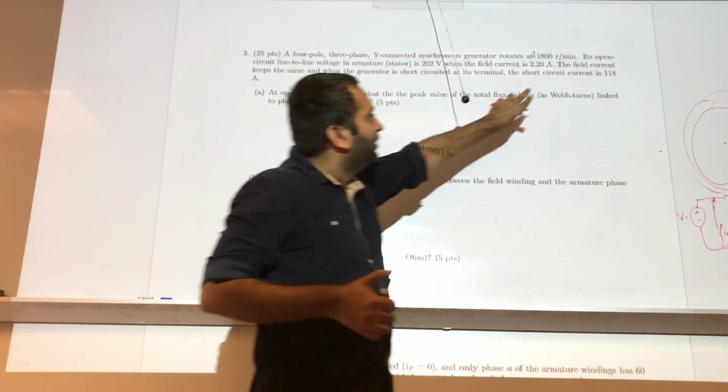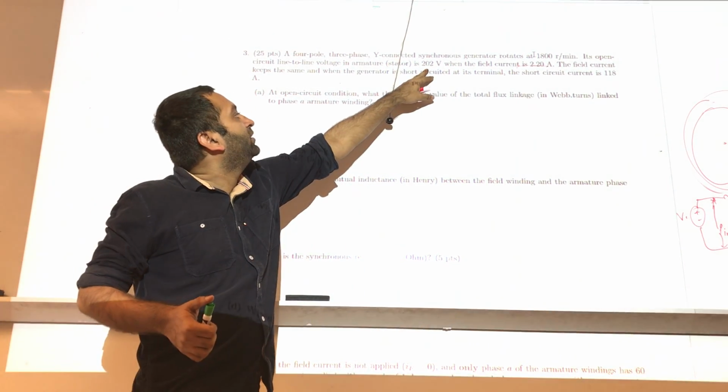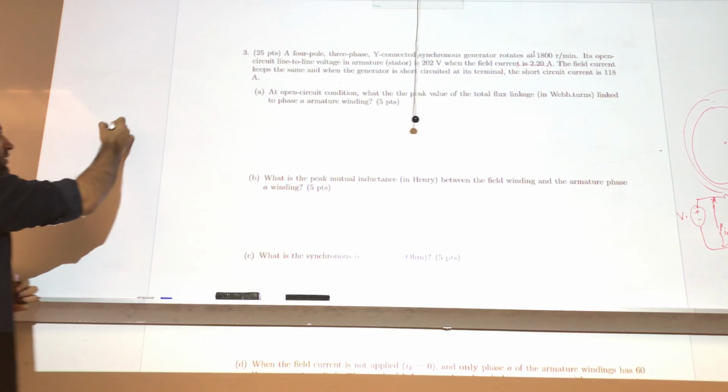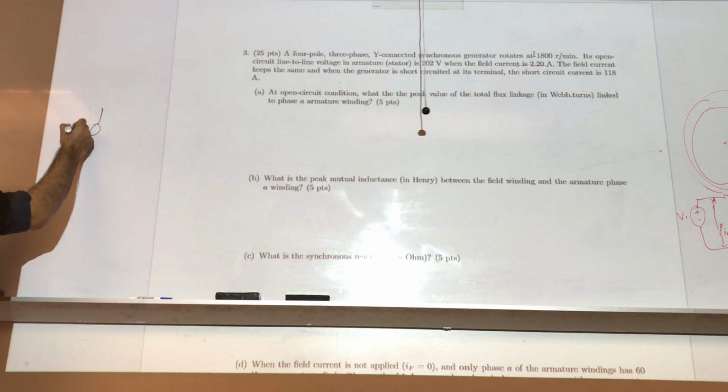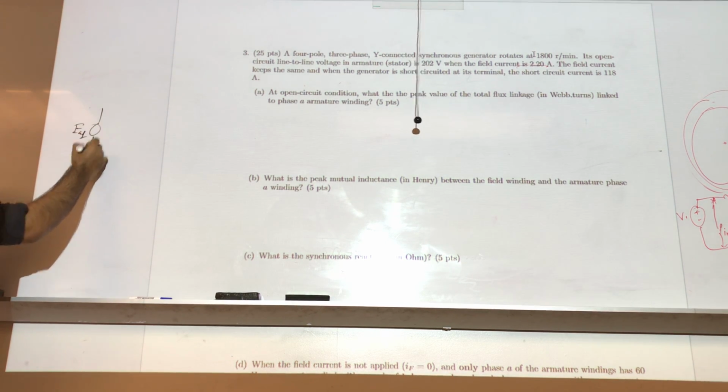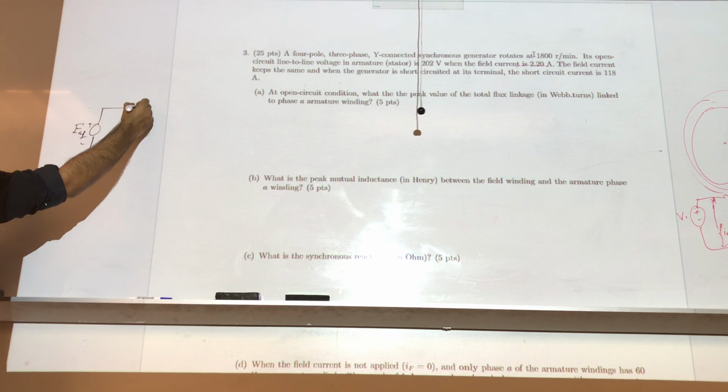First, it says the open circuit voltage is 202 volts. So let's draw the equivalent circuit for that. This is EAF, plus or minus, and this is XS.